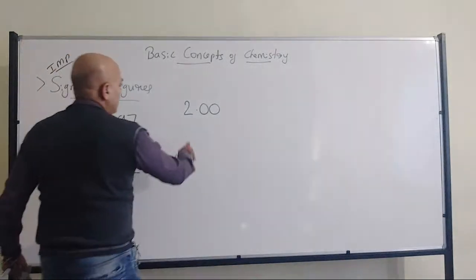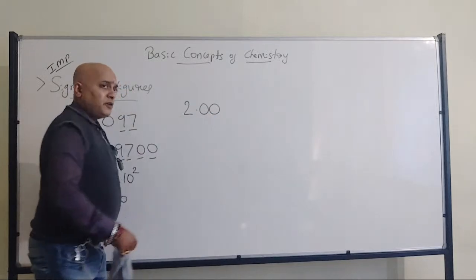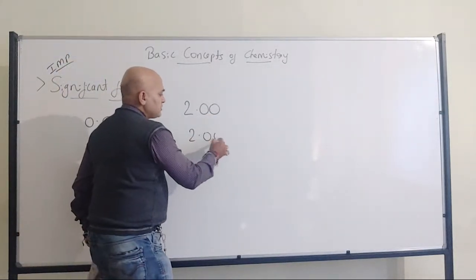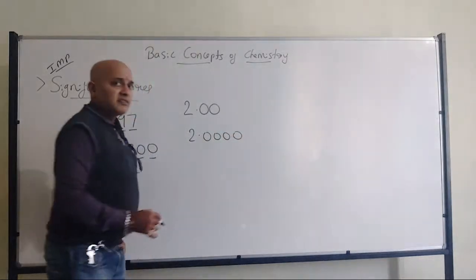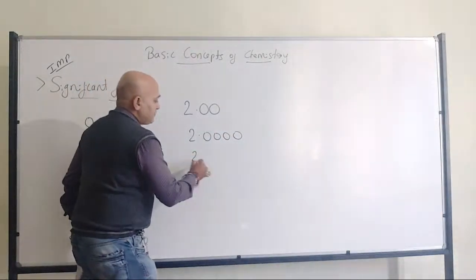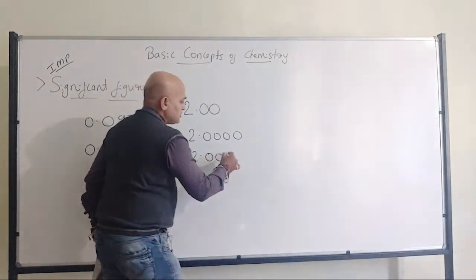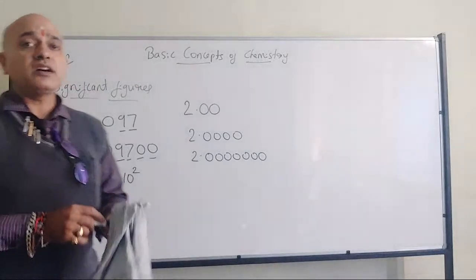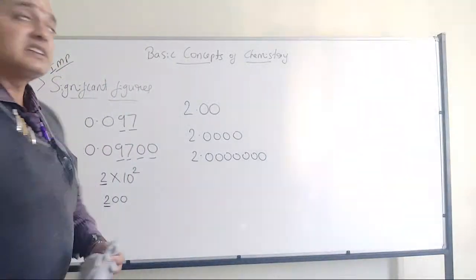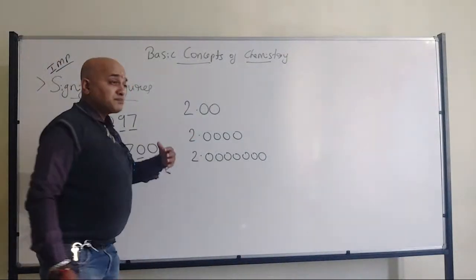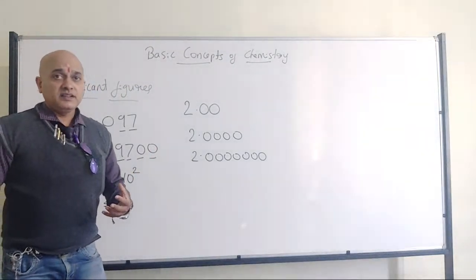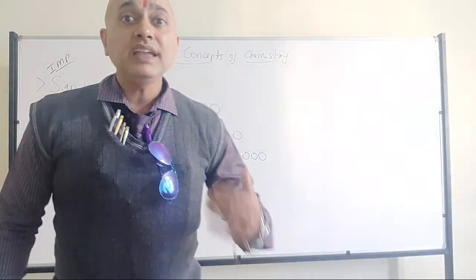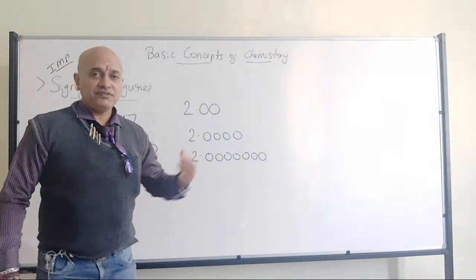So I can write it as 2.00, or I can mention it as 2.0000, or I can mention it as 2.000000. So like that the numbers can go on, right? So that's what I was telling. When I am specifying I have 2 cricket balls, that means I can have infinite significant figures.